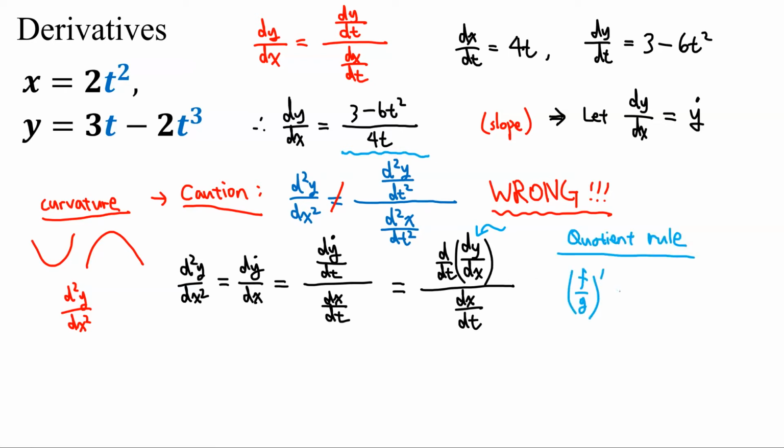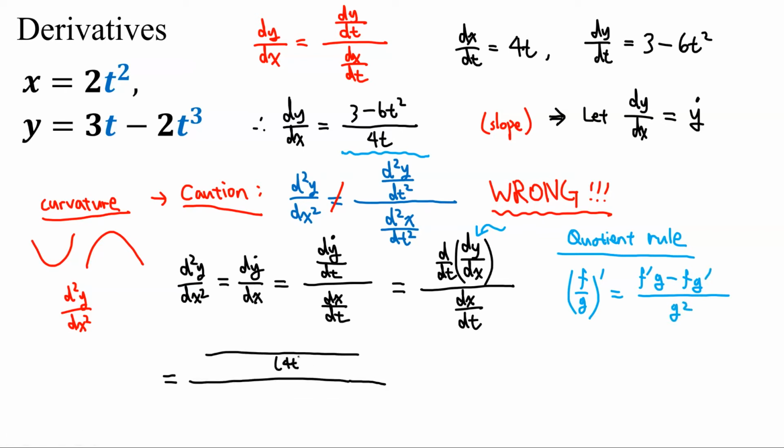So dy over dx is given as this, so we have to use the quotient rule. The derivative of f over g is given as f prime g minus f g prime over g squared. So with that, we have 4t squared as the denominator, and at the numerator, we have f prime, the derivative of the numerator, times g, the denominator, minus 3 minus 6t squared, the whole numerator, times 4, the derivative of the denominator.